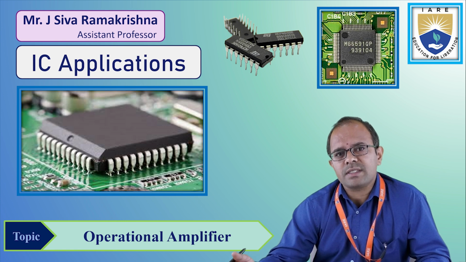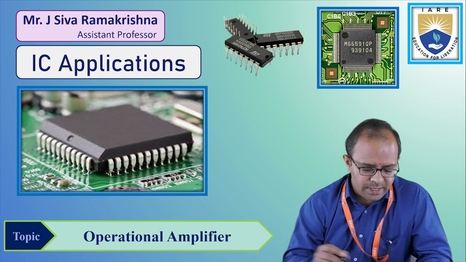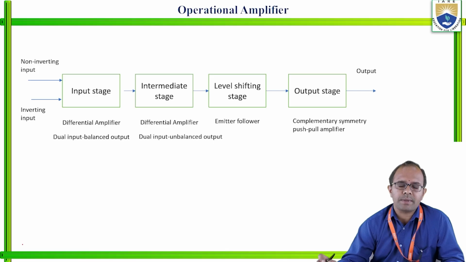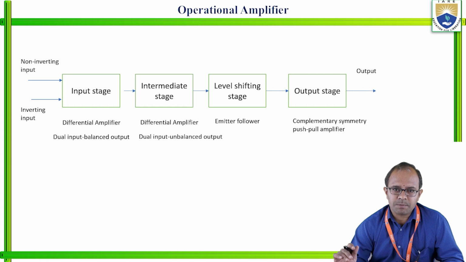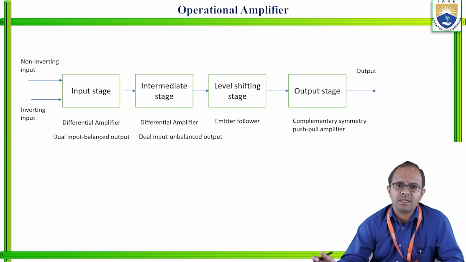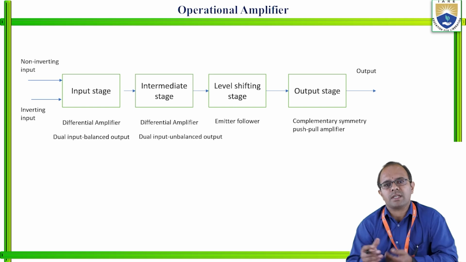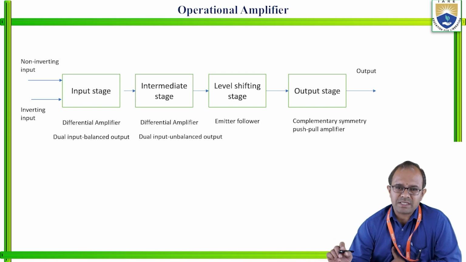Differential amplifier is also an amplifier, so we need to operate the circuit in a specific region of operation, that is the cutoff region, saturation region, or active region, preferably the active region.